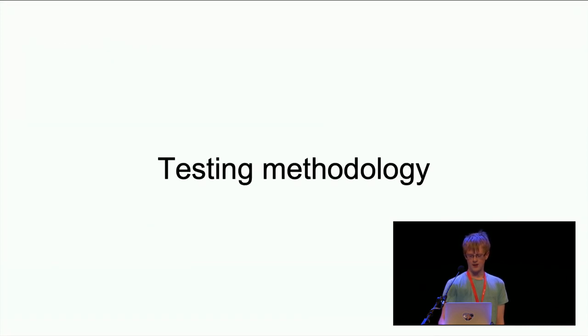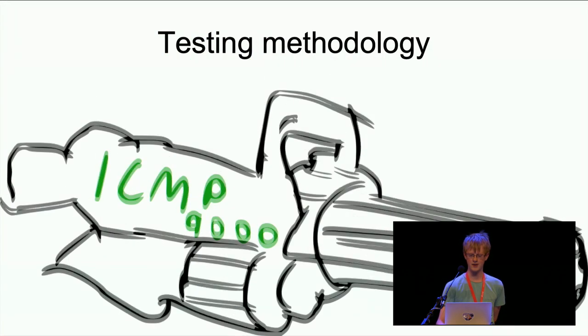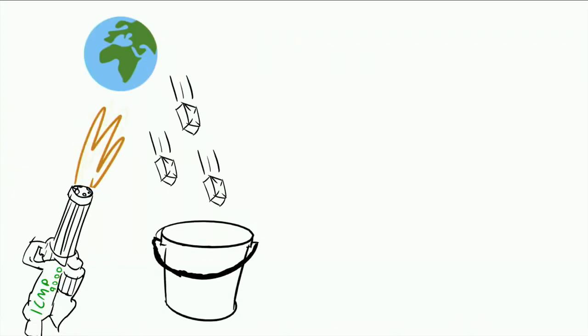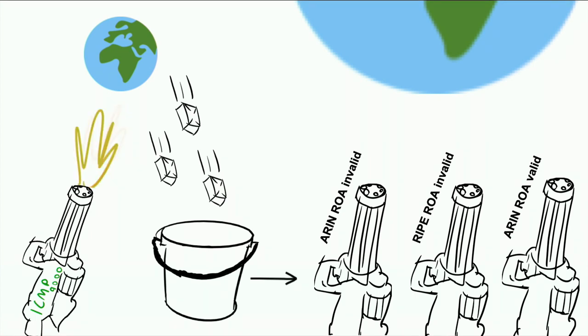To test this, we need to have 3 prefixes. What we have is 2 invalid prefixes, one from ARIN and one from RIPE, and we have a control prefix which is signed correctly. And we use a lovely piece of software called the ICMP 9000, whose sole purpose is to shoot packets into the internet and collect what falls off into a bucket, which then feeds the other ICMP 9000s that specifically only use the invalid, valid, and RIPE invalids and the ARIN valid.